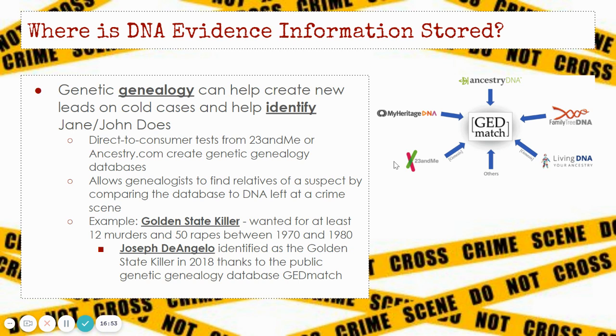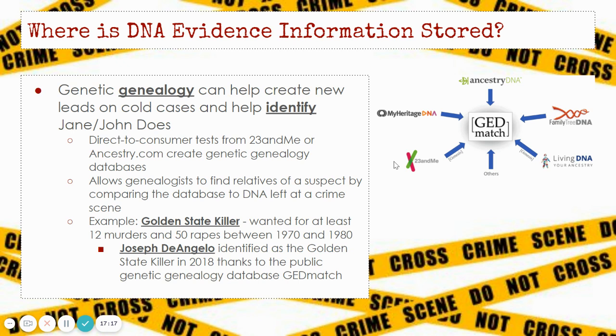A very famous example of this is the Golden State Killer. He was wanted for at least 12 murders and 50 rapes that happened in a 10-year span between 1970 and 1980. They discovered that his name is Joseph DeAngelo. He was identified as the Golden State Killer in 2018 thanks to the public genetic genealogy database called GEDmatch.